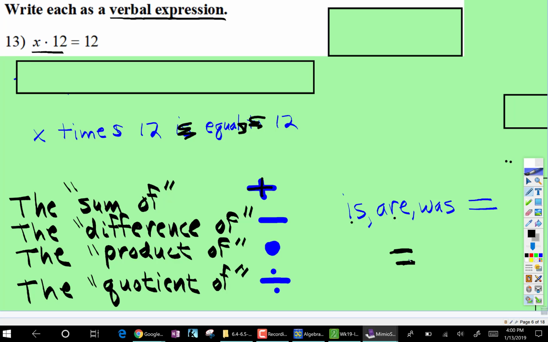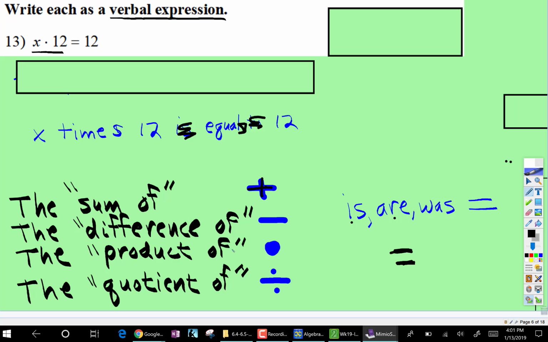So when you see an add, subtract, multiply, or divide, you rewrite it as the sum of, the difference of, the product of, the quotient of. So in this case, that's multiply.